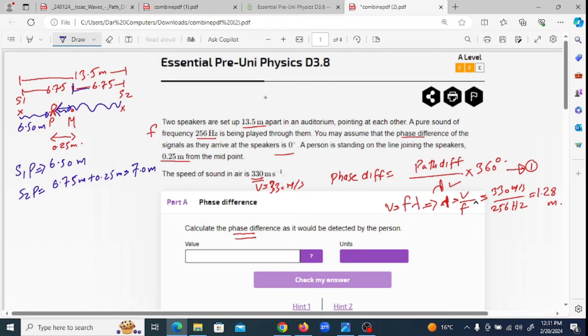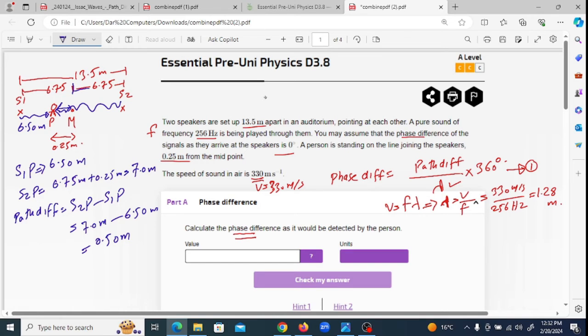The path difference is equal to S2P minus S1P. Because S2's waves cover more distance, 7.0 meter, while the sound from S1 has to cover 6.50 meters, we subtract and get 0.50. So this is the path difference.